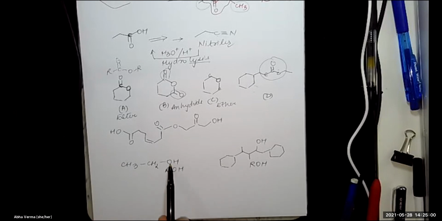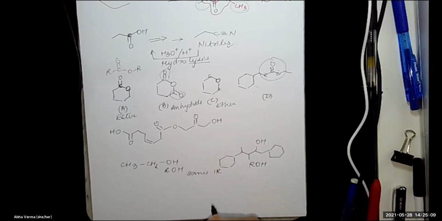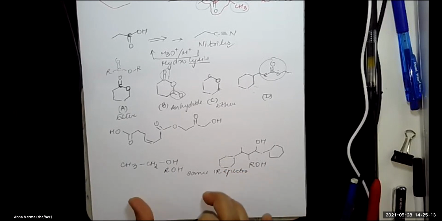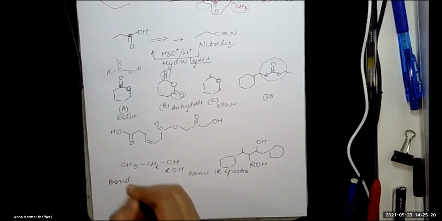And hence, both of these structures will have the same IR spectrum. That is the only limitation of your IR spectrum. The IR spectra will definitely give you the functional groups. You will have to list out all the bond types.